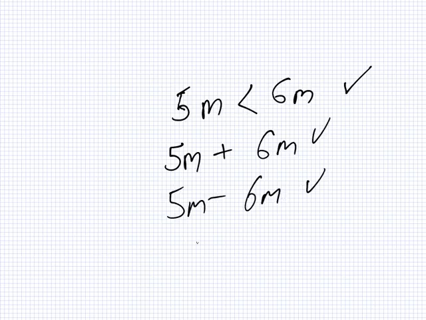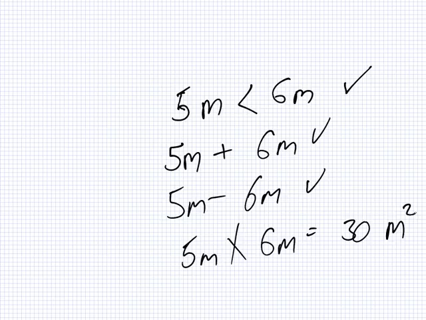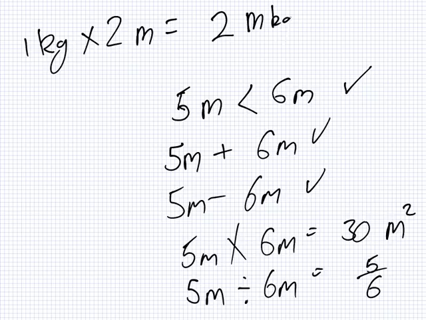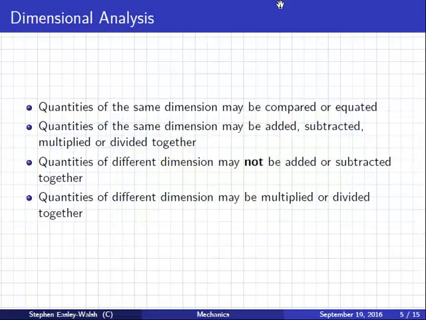And of course you can multiply and divide them. 5 meters by 6 meters would be 30 meters squared, and then 5 meters divided by 6 meters, what would that be? 5 over 6, yeah. But you can also do something like 1 kilogram multiplied by 2 meters. That's okay to do. Different units can be multiplied. The answer would be 2 what though? Kilogram meters, yeah.